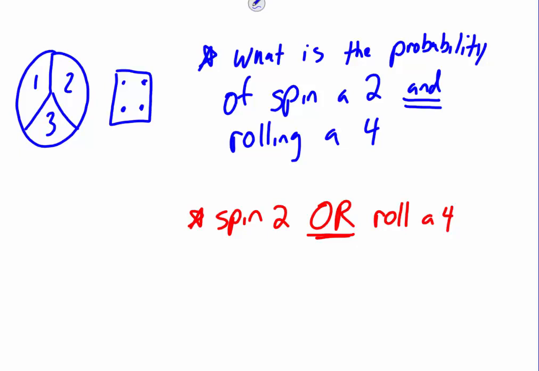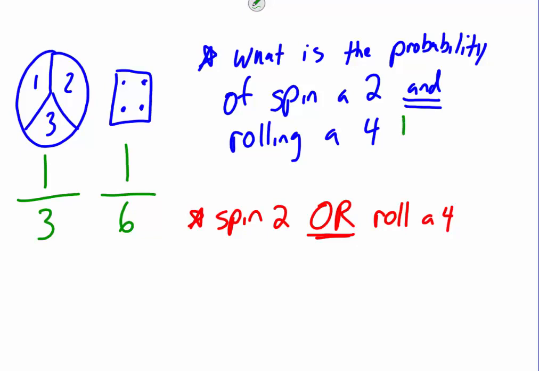So we're going to take a look at this one up top first, and we're going to say, okay, the probability of spinning a 2 is one number 2 out of 3 possibilities. And on the die, rolling a 4, there's only one number 4 out of 6 possibilities. So those are the probabilities there.